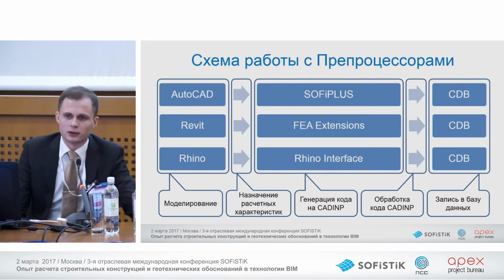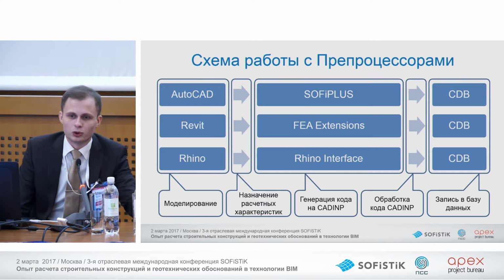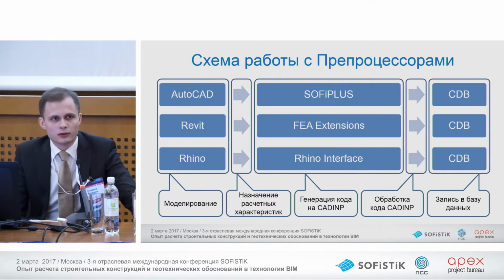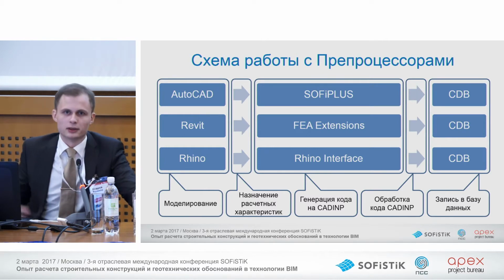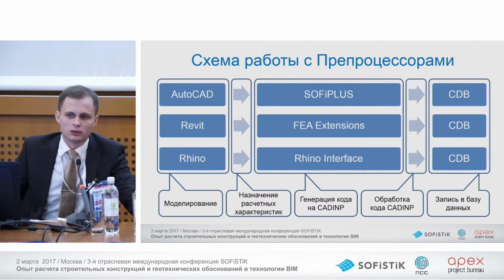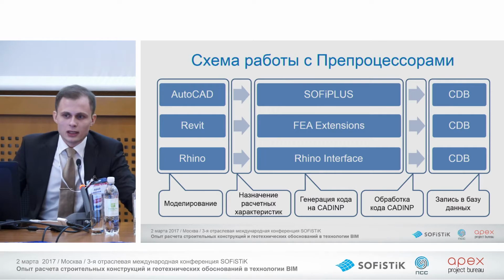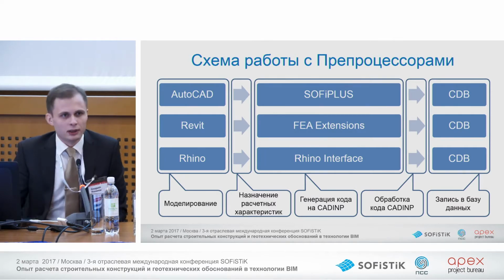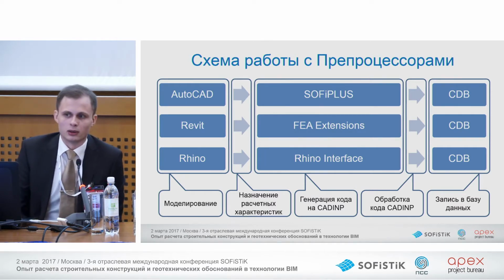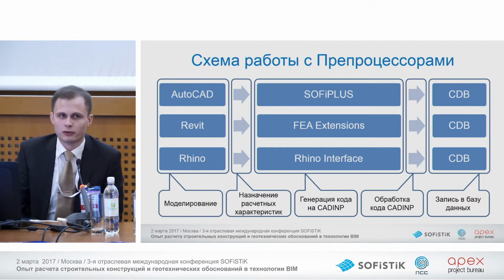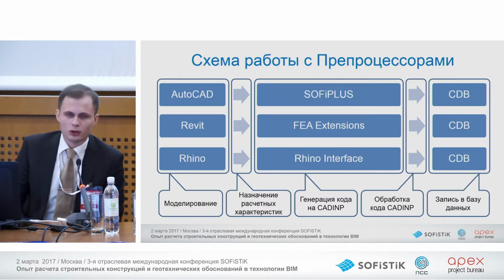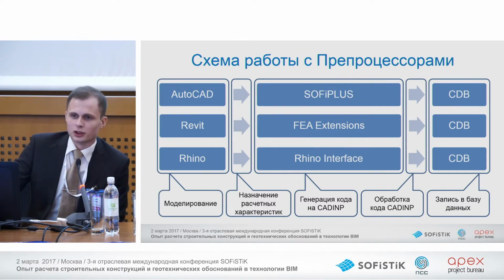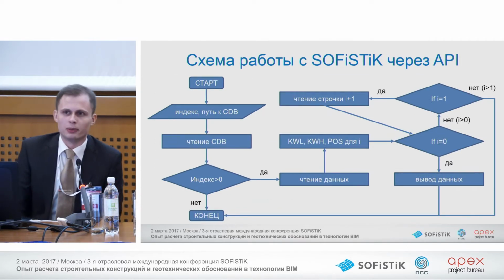You can see different steps. AutoCAD, Revit, Rhino, you create a model. Through interfaces, you can define appropriate calculation characteristics, rigidity, loads, everything. Then, the interface itself generates code in CADINP, then SOFiSTIK MPS processes it all and enters the result to the database.